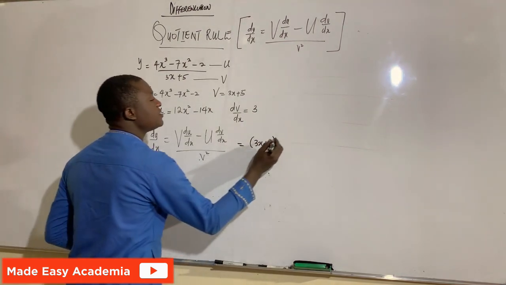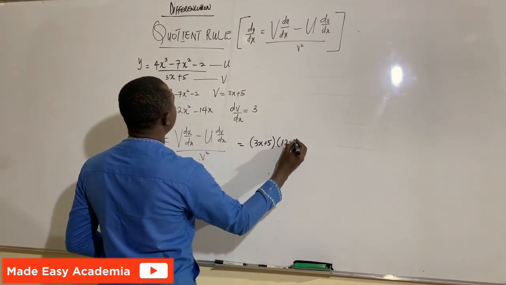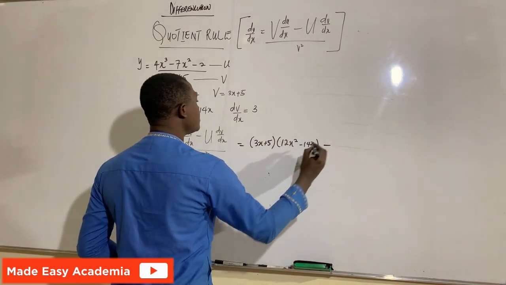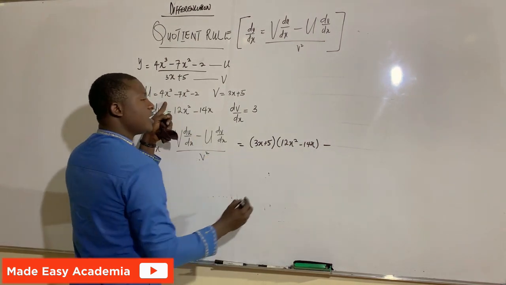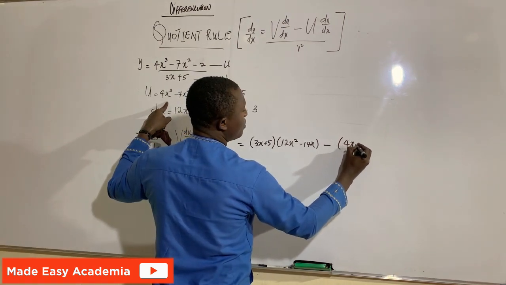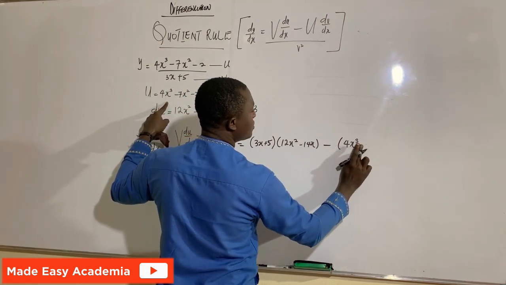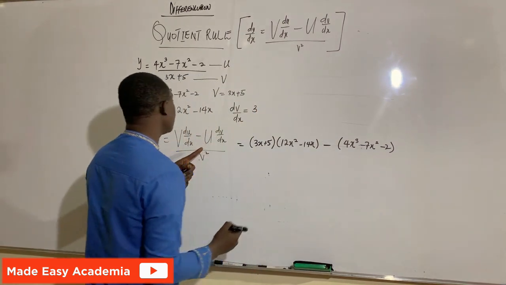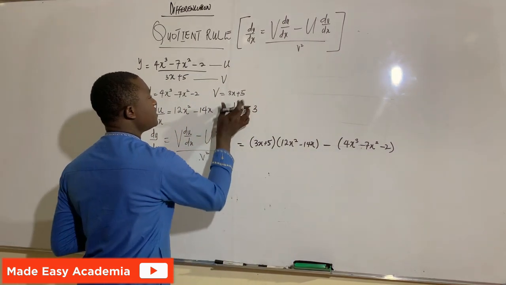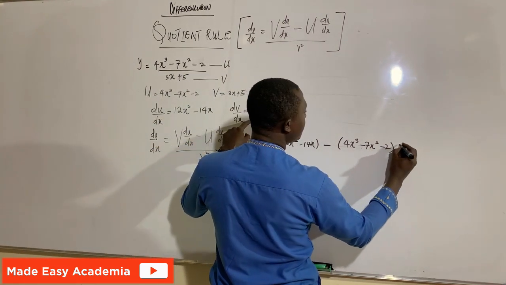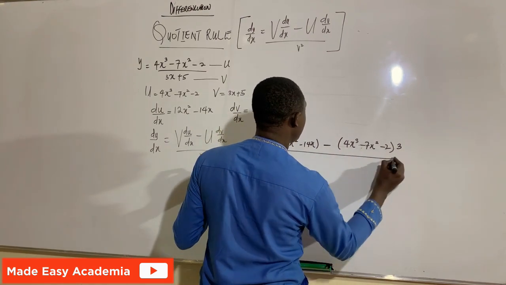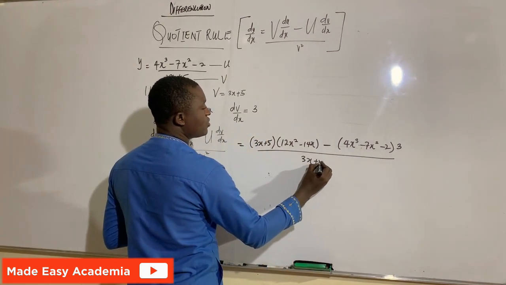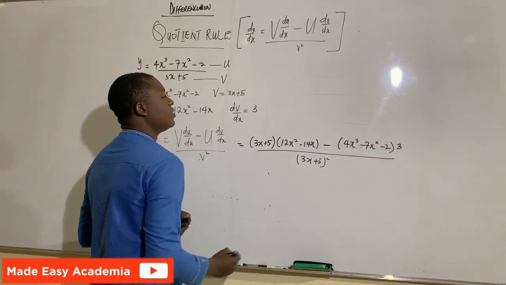Du/dx we have as 12x squared minus 14x, then minus u. Our u is 4x cubed minus 7x squared minus 2. Our dv/dx is 3. Then all divided by v squared, which is 3x plus 5 all squared.